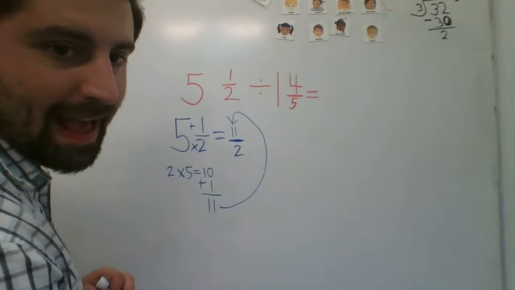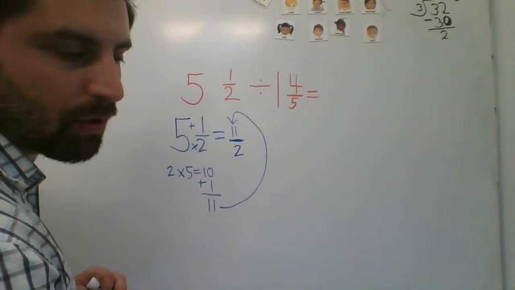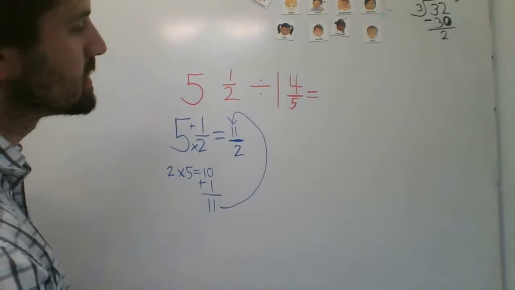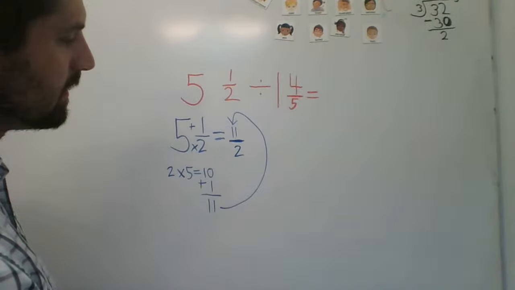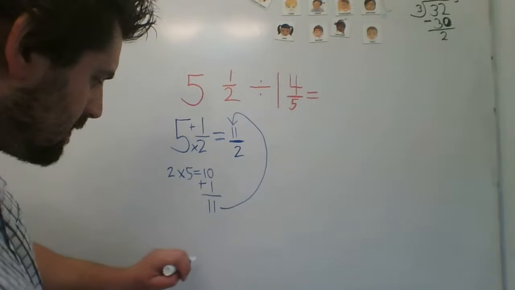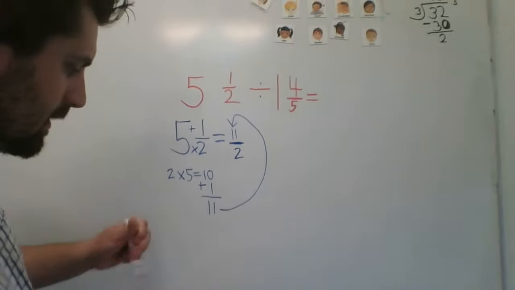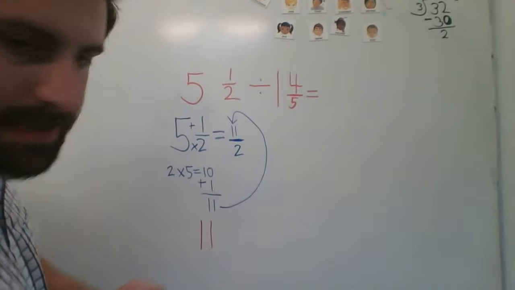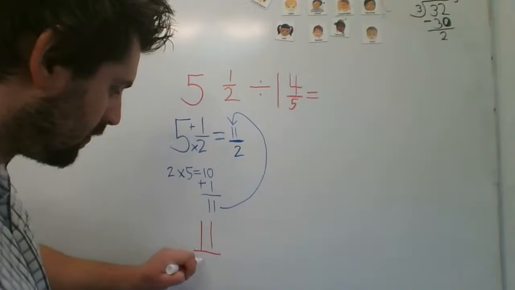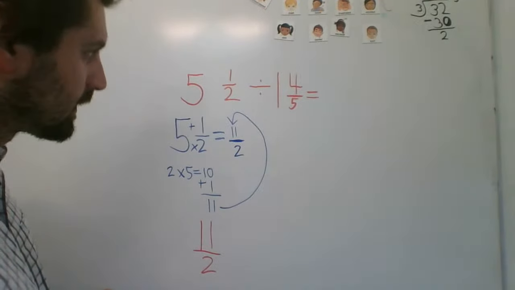So 5 1/2 converted into an improper fraction equals 11 over 2, or 11 halves. So 11 over 2 is our improper fraction.